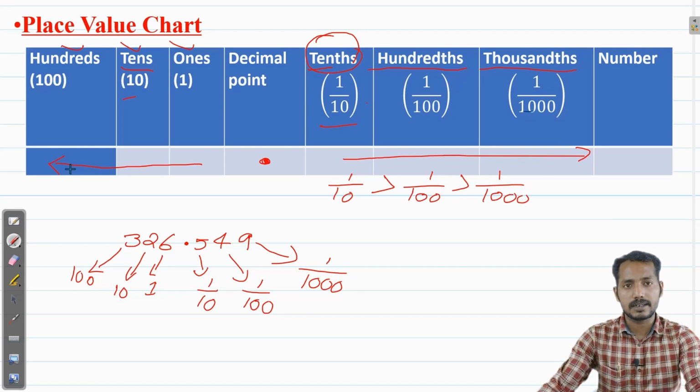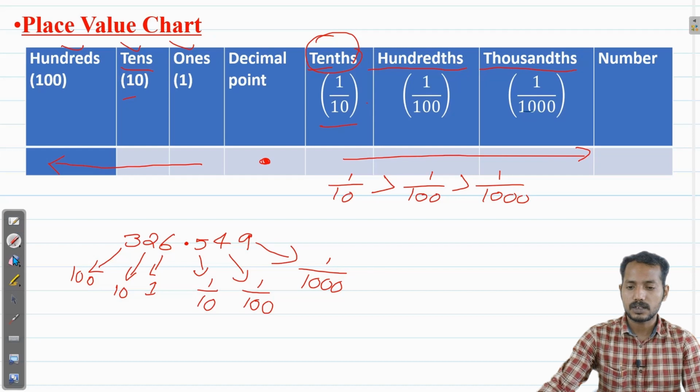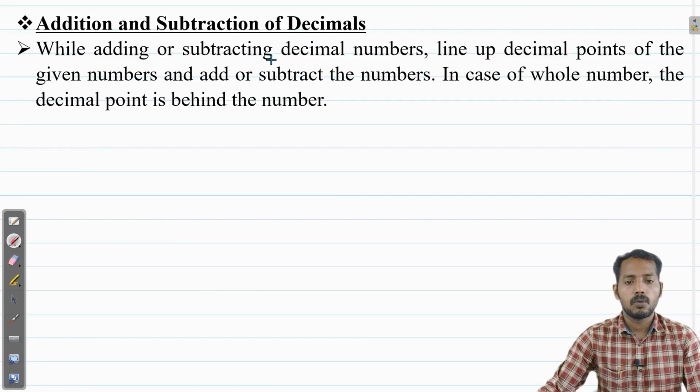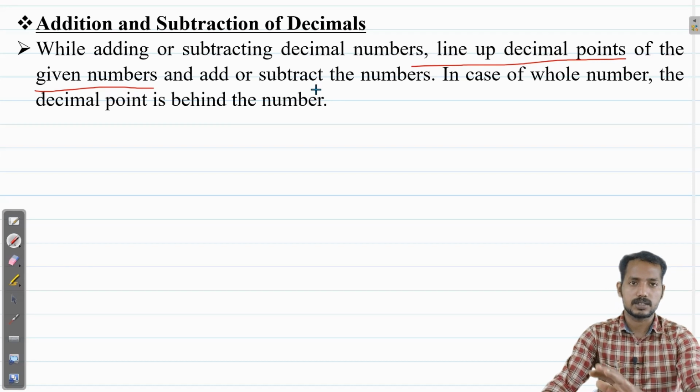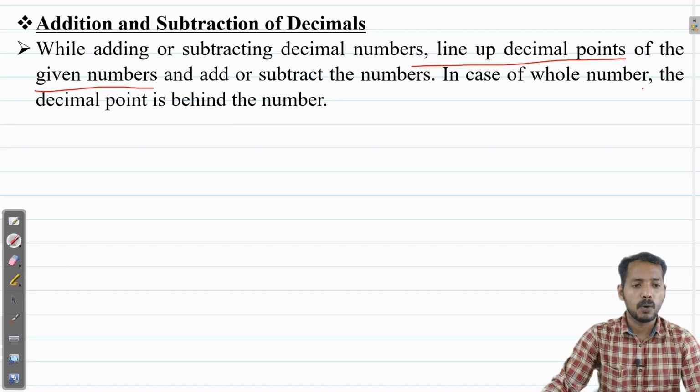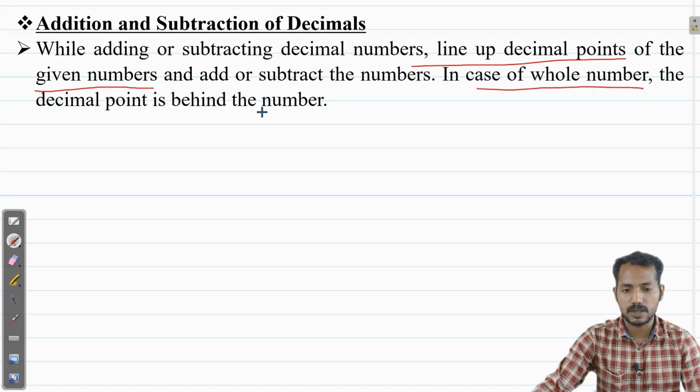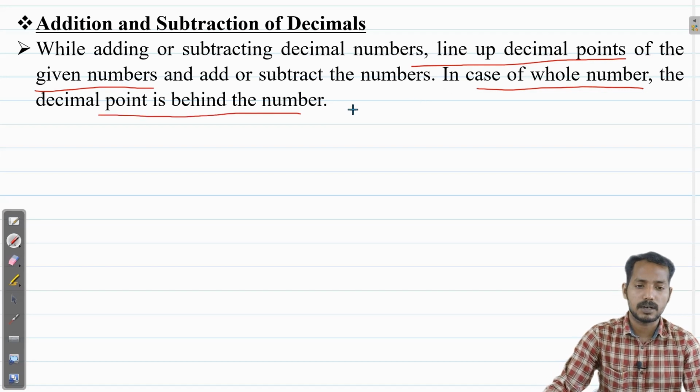Now let's discuss addition and subtraction of decimal numbers. While adding or subtracting decimal numbers, line up the decimal points of the given numbers and add or subtract accordingly. In the case of a whole number, the decimal point is behind the number. For example, take the whole number 26.